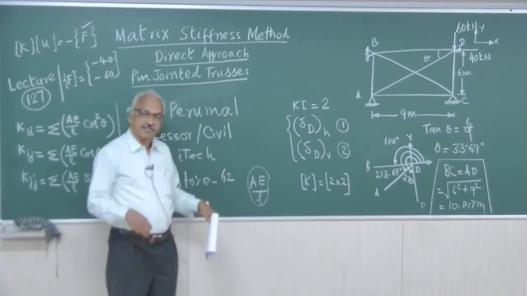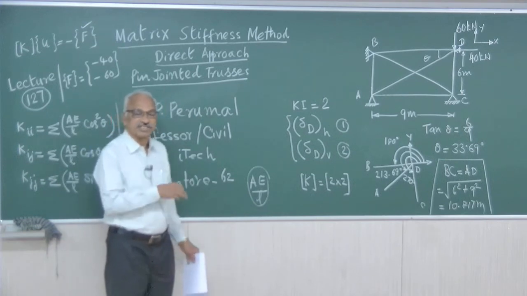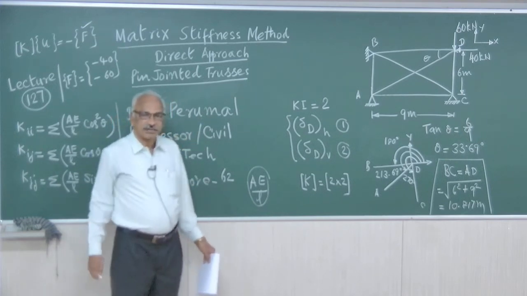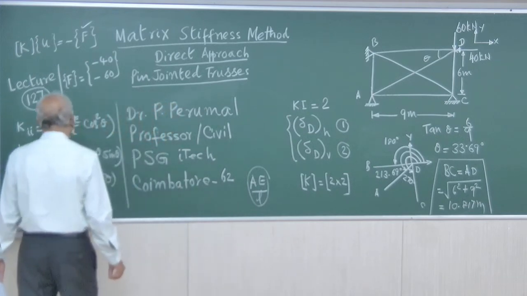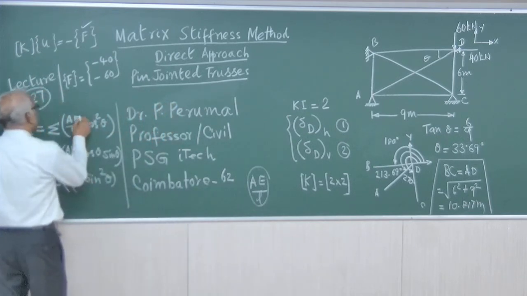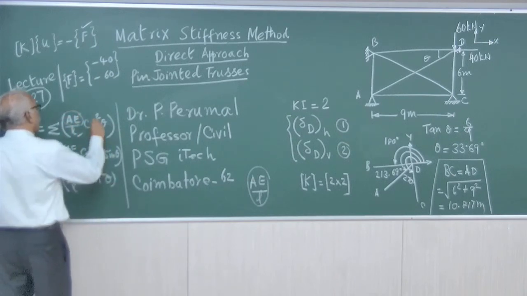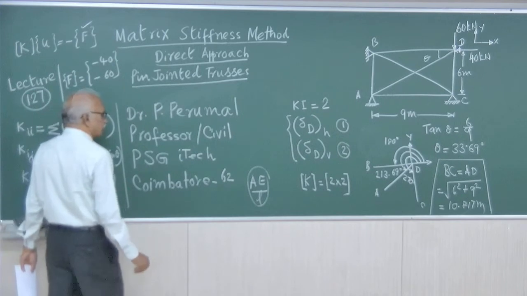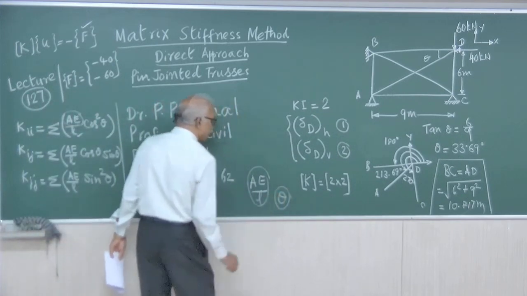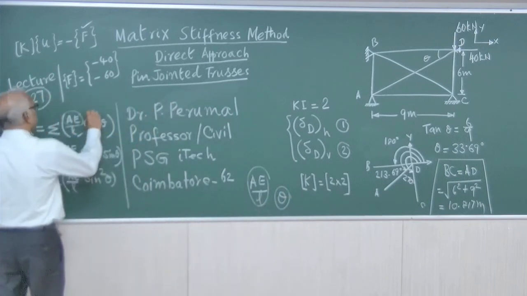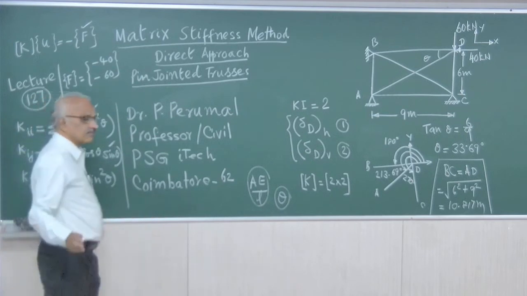That means we need not open a column for L also, because if AE by L is common, you can deal with it at the end, not at the beginning. So, for this we will not require any column, but this will require a column. We have to find out the values of theta. Theta will require one column, then cos theta one column, and sin theta one column. Other things we can calculate.